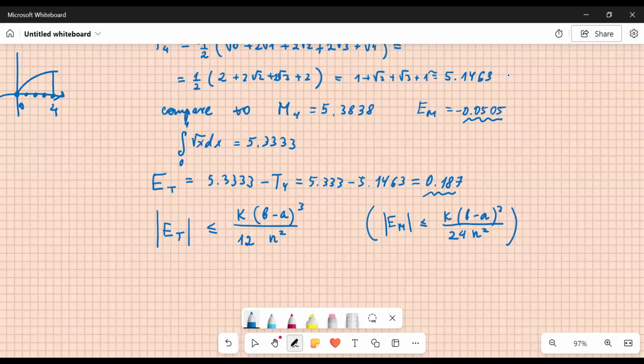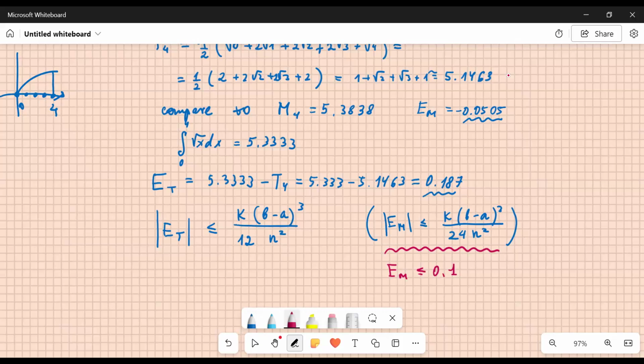Usually there is no way to calculate it using the precise value minus your estimation. Usually what you do, guys, and how these formulas are actually used, is you estimate that my error is less than this. And I do want the error, for example, to be less than 0.1 or 0.01.